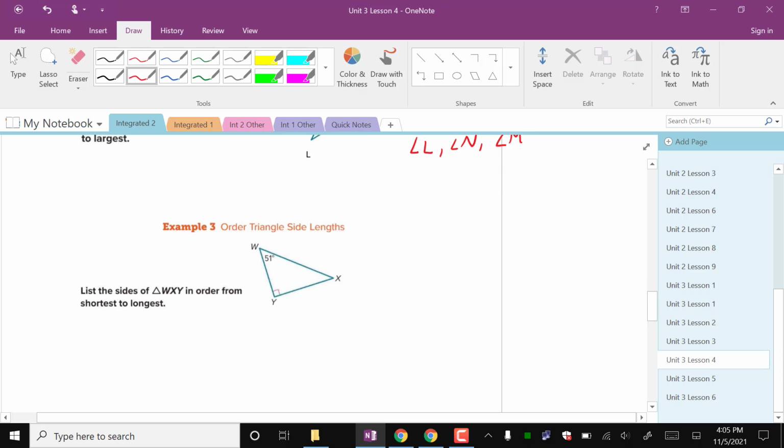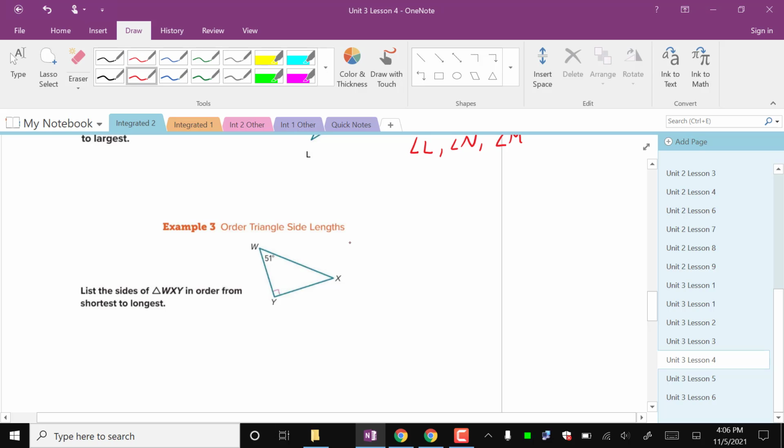Now let's take a look at example 3. It says order the triangle side lengths. List the sides of triangle WXY in order from shortest to largest. So first we need to find this missing angle, and we know that a triangle sums to 180 degrees.